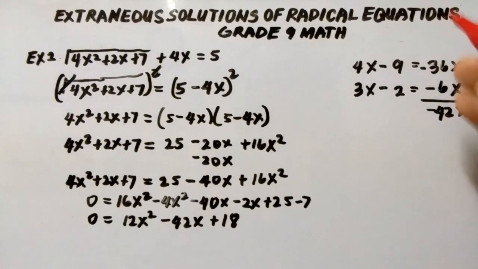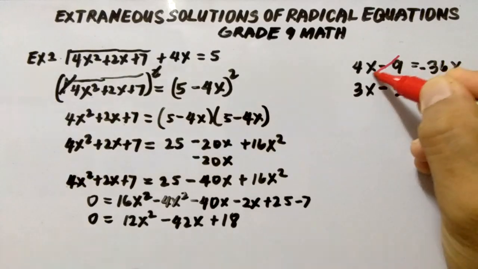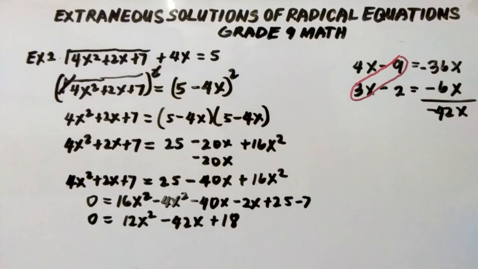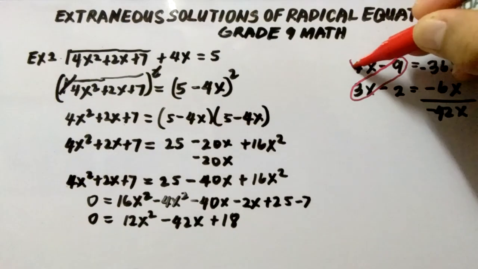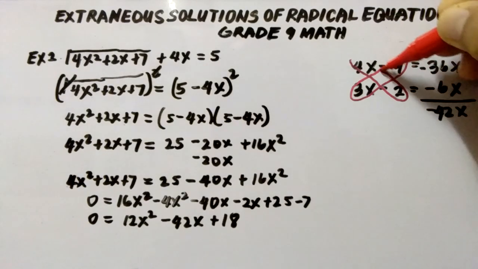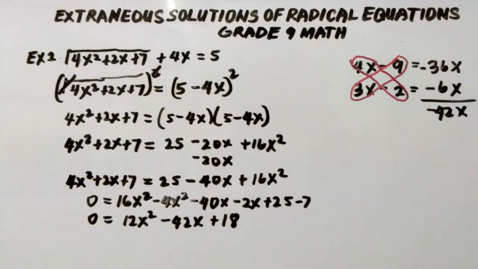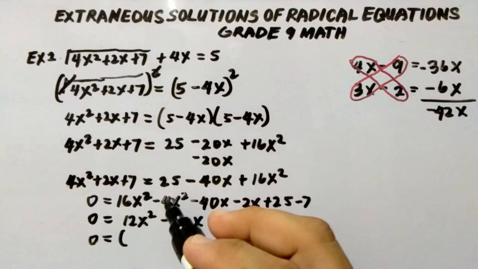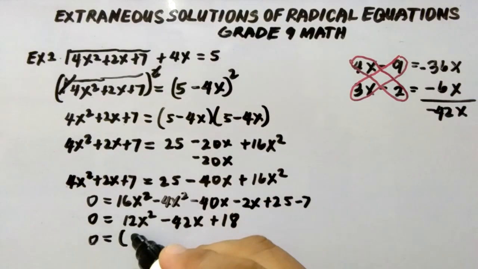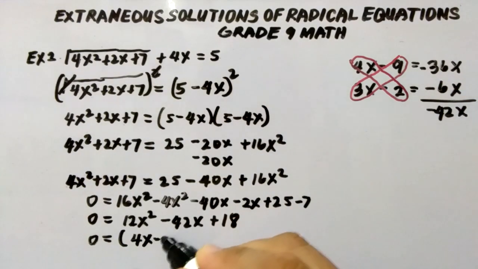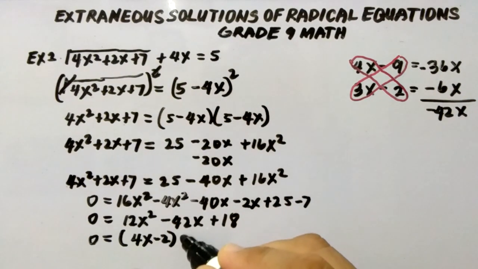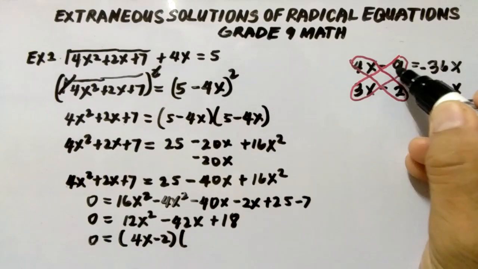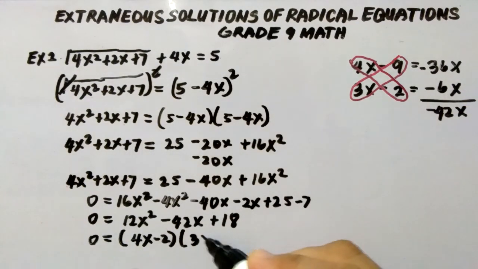Okay. So we have 3x minus 9, at ito po yung isa, 4x minus 2. So we have 0 is equals to quantity 4x minus 2 times the quantity 3x minus 9.